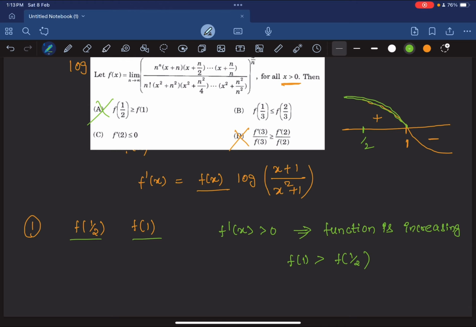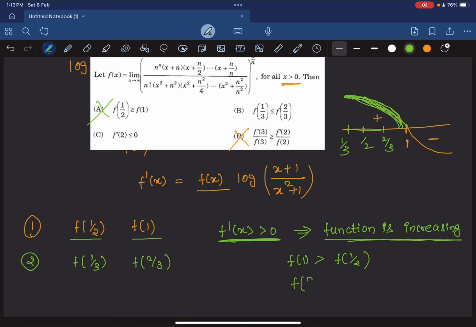Now let us go ahead. Second option. We have to compare f(1/3) and f(2/3). 1/3 lies here and 2/3 lies here. So both lie in this particular region. In this region, again f'(x) is positive. So the function is increasing.